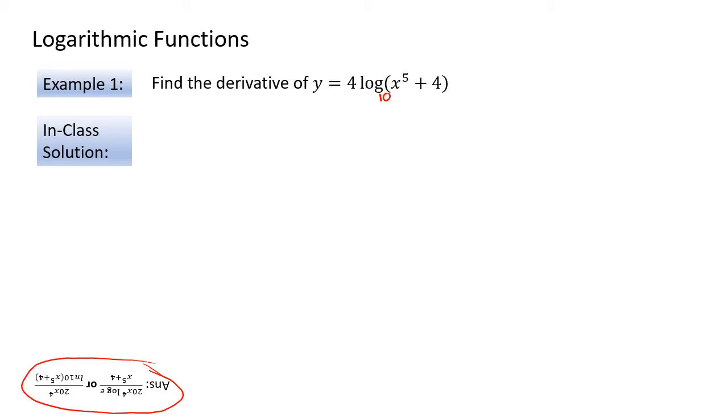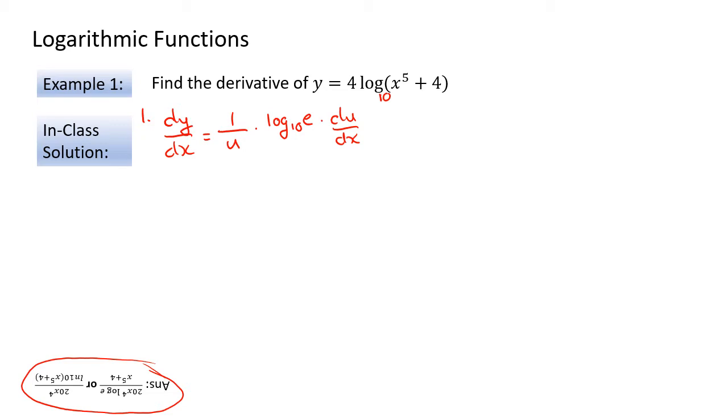So let's find the derivative first. Okay, method 1, we'll use the log version. So dy by dx is equal to 1 divided by u times the log, in this case to the base 10 of e, times du by dx.